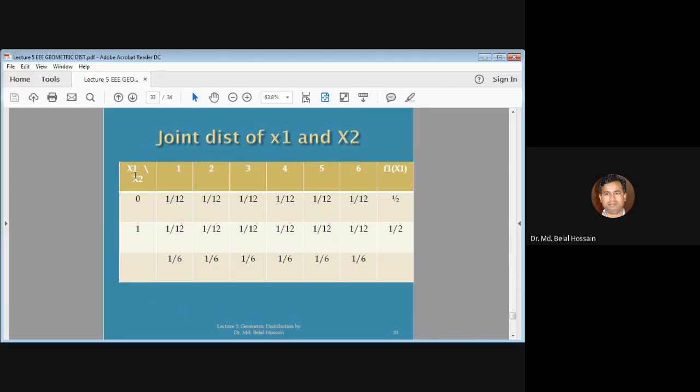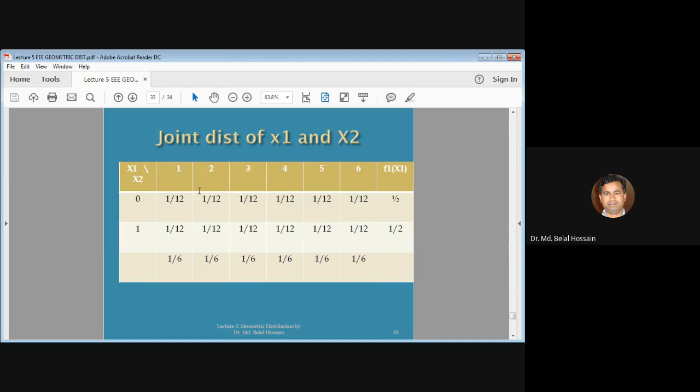Okay, আমরা x1 এর ভ্যালুটাকে এদিকে লিখেছি আর x2 এর ভ্যালুটাকে এদিকে লিখেছি। ওকে, এখন তাহলে কি হলো দেখেন, x1 এর ভ্যালু 0 আর x2 এর ভ্যালু 1 যদি আপনি প্রথমবার ট্রায়াল করলেন, মনে করেন যে প্রথম কয়েন টসিংয়ে আপনি টেইল পেলেন, হেড মানে 1, টেইল পেলেন, আর ফার্স্ট যে ডাই থ্রো করলেন সেখানে 1 পেলেন, তার প্রবাবিলিটি হবে 1/12 because this is the multiplication of 1/2 into 1/6.